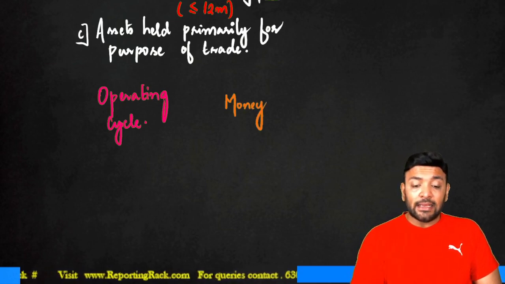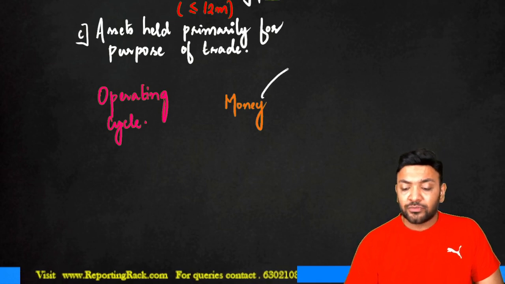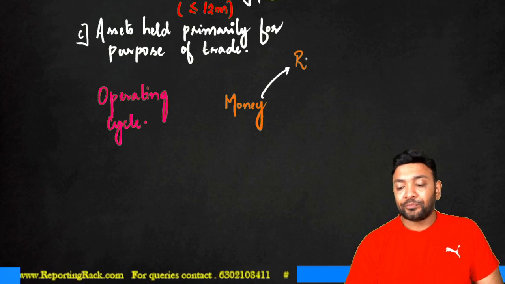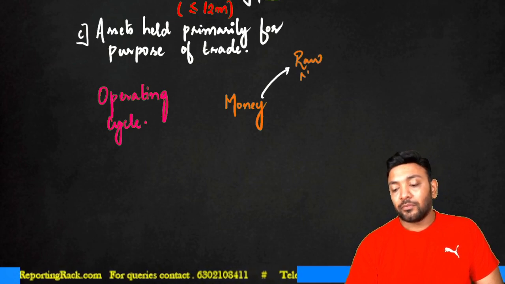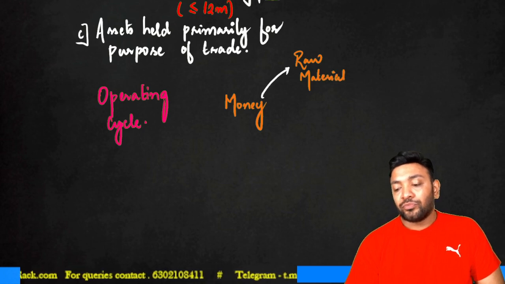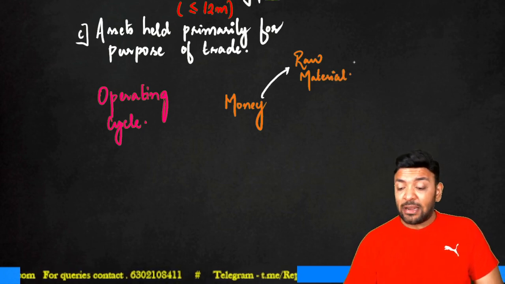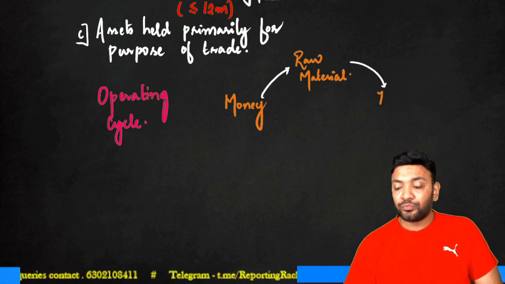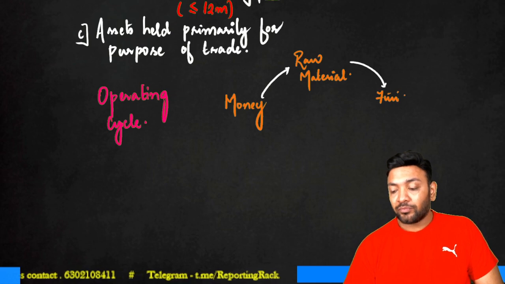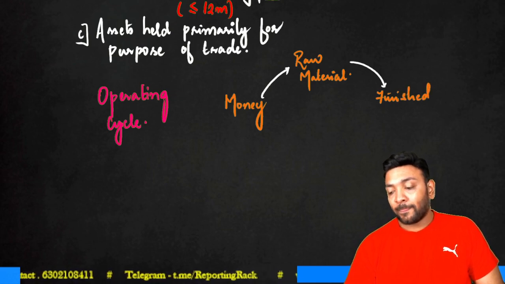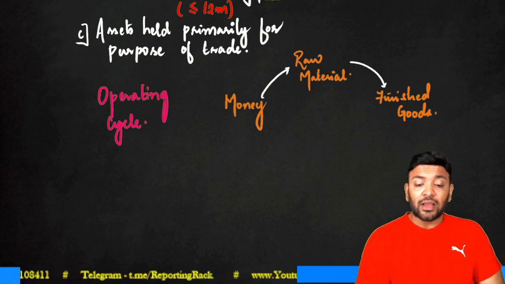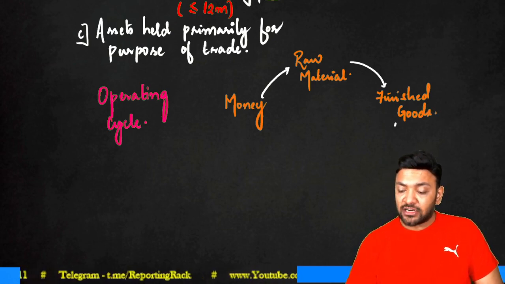This money is in turn used to purchase raw material. This raw material, when processed, gets converted into finished goods. These finished goods are sold to customers.